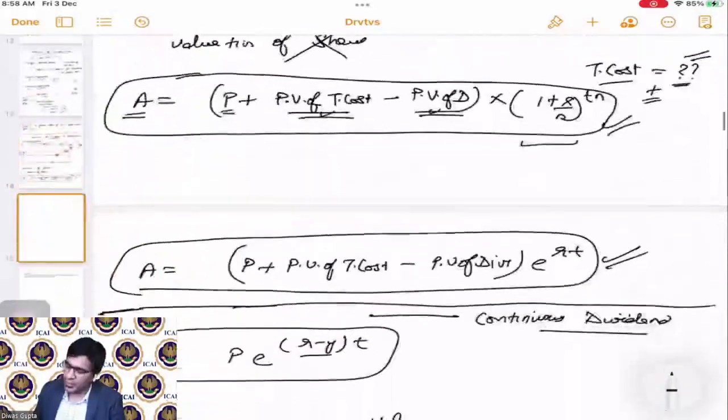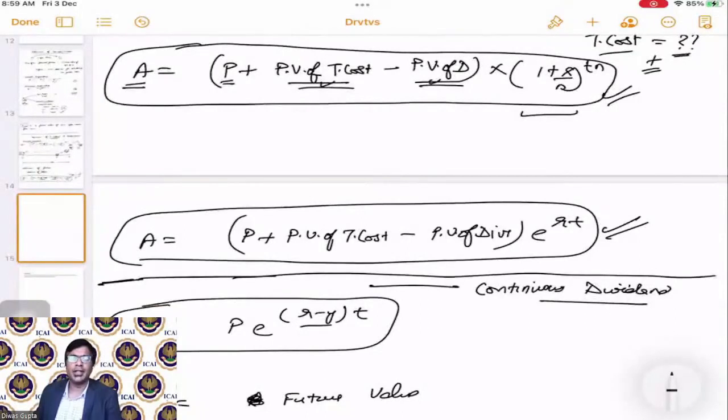And if we introduce some dividend and transaction cost, then these are the three formulas that we will have to keep in mind. Very easy and very simple. Just keep simple logic in your mind. One is whether it is a discrete dividend or continuous dividend, that will depend the impact. And second is if it is a discrete compounding or annual compounding. Depending on that, we will use the formula.